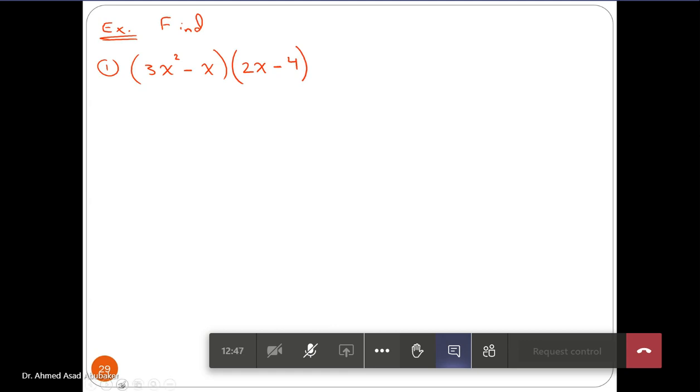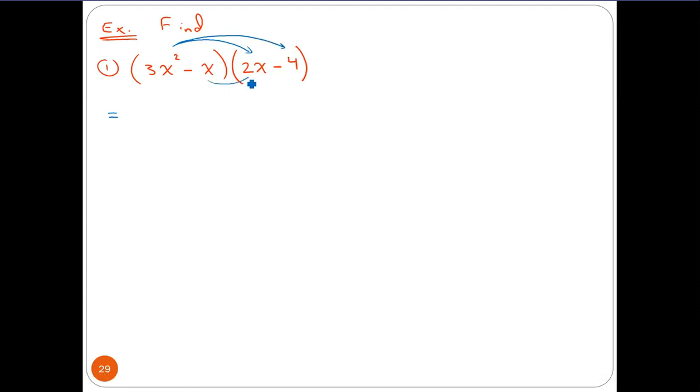Okay. The solution: we must multiply each term in the first bracket with the second bracket. Each term in the first bracket multiplies with all terms in the second bracket.